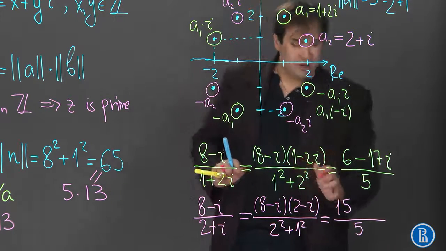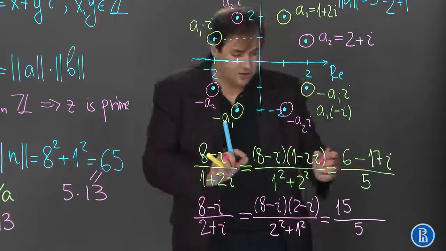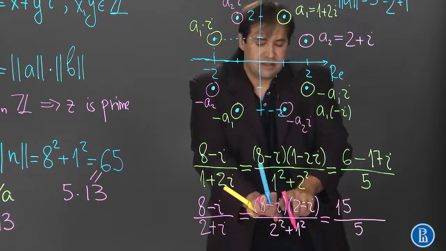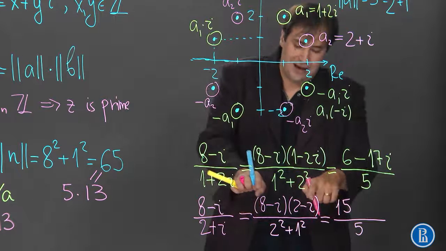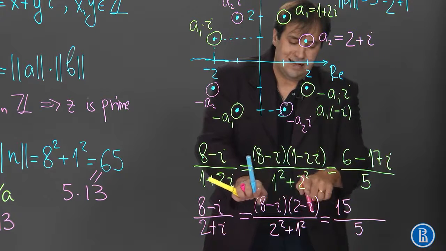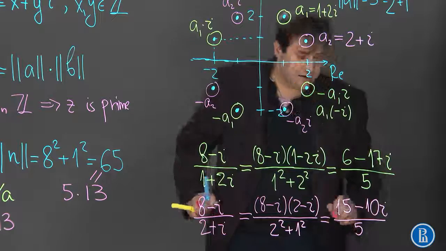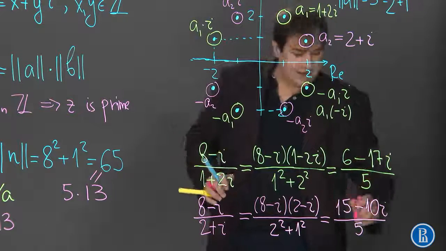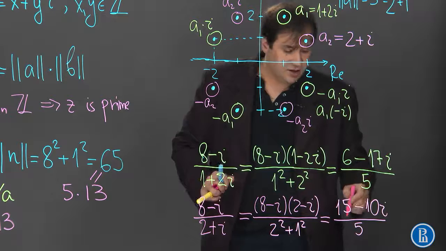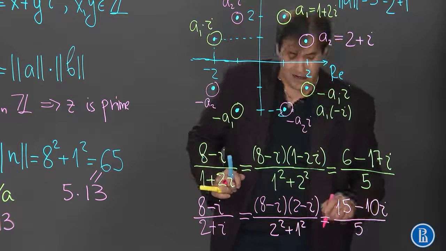which gives us some hope because 15 is divisible by 5. And what about the imaginary part? Well, minus 2i multiplied by minus 8i... So minus 2 and minus 8 gives us minus 10i. And we see that this number actually is a complex integer equal to 3 minus 2i.